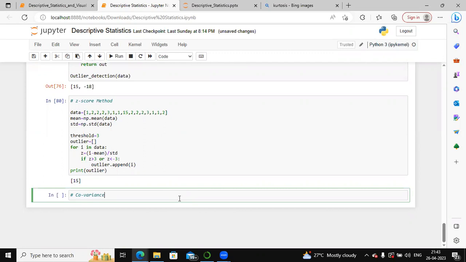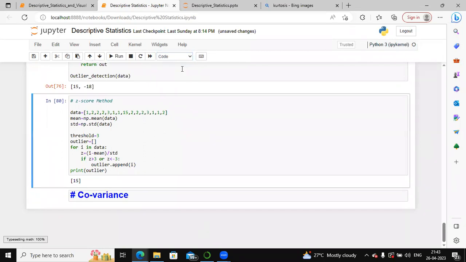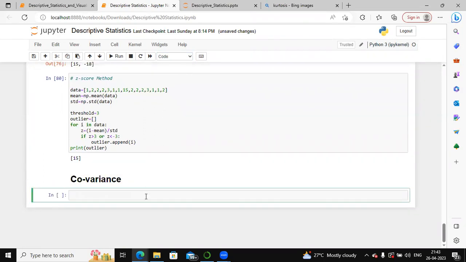Covariance. The Python function for covariance is nothing but np.cov, but we have to pass x and y here because we are looking for bivariate analysis. So x comma y.